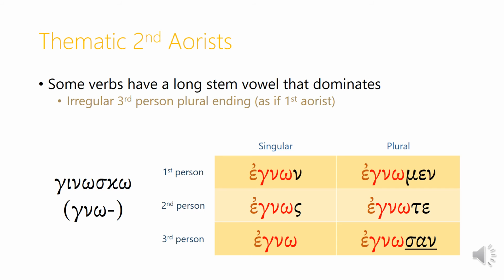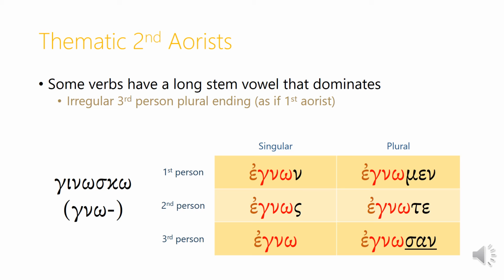The plural forms are egnomen, egnote, and then in the third person plural, we have an irregular ending. Instead of egnon again, as we would expect with a second aorist, we get a son ending that almost looks like we're switching back to a first aorist ending with the sigma tense marker.